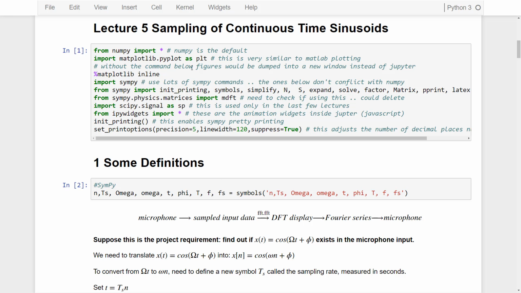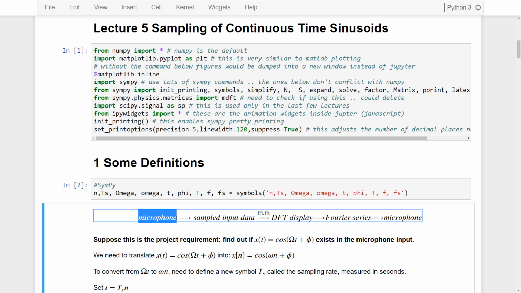Hi, we want to explore the sampling of continuous time sinusoids. Our continuous time sinusoid is going to be here, and what we want to do is produce the discrete sampled input data here. We're going to start off with a project requirement or a hypothesis that we're going to find this pattern in the input.